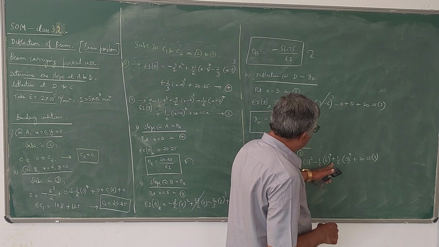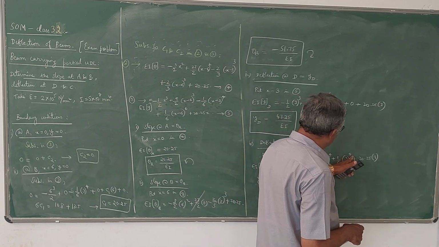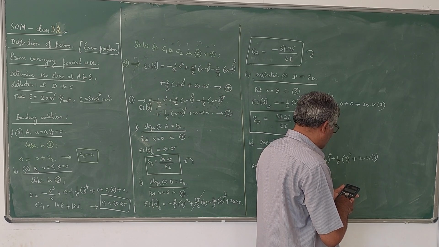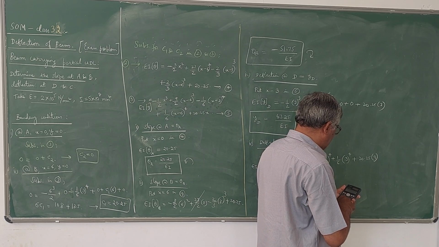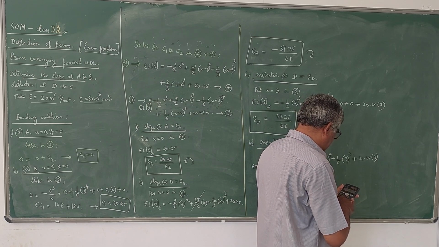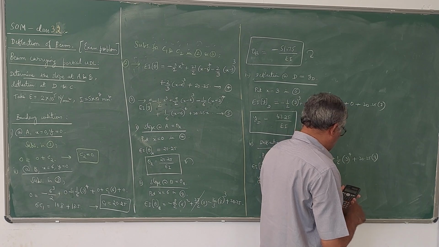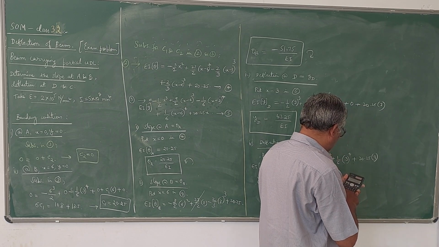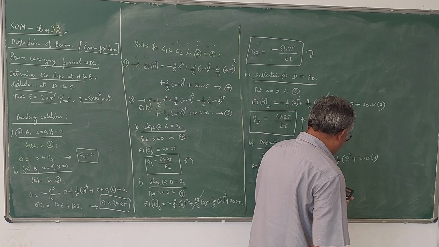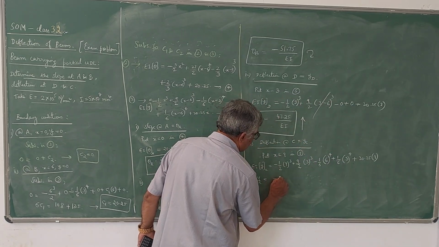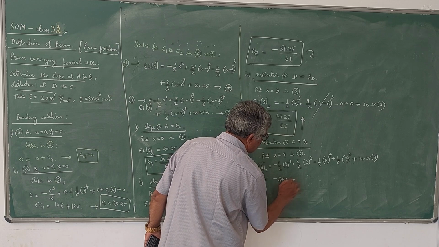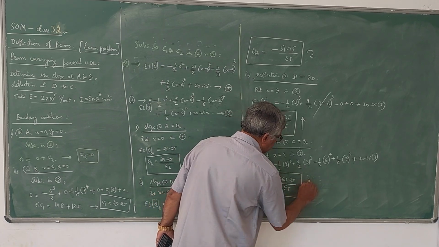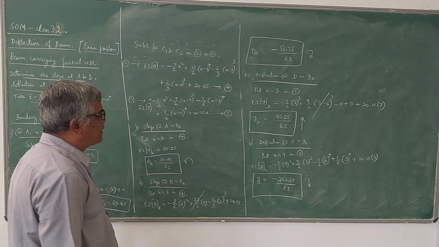Then plus 81 by 6, 81 divided by 6. Then plus 20.25 into 9. So you will get minus 263.25 divided by EI. The deflection you are getting is negative, which means this is a downward deflection. So the deflection at C is downward, and the deflection at D is upward.